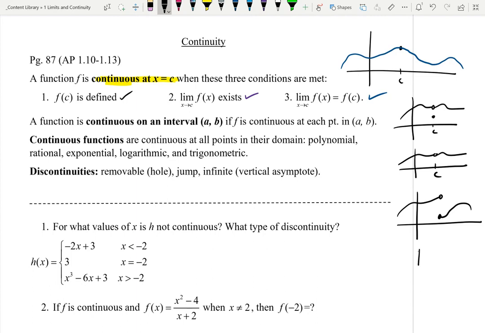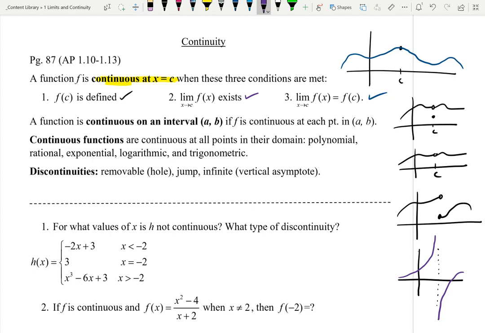And then let me just show you a fourth possibility here. Still failure of the limit to exist, but potentially at what we call a vertical asymptote. So here's a vertical asymptote. This is also a place where we have a discontinuity because once again, the limit does not exist.